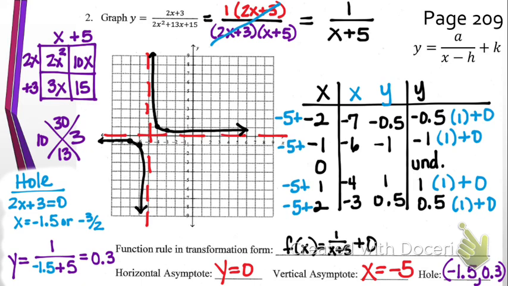So take your eraser. -1.5 is going to be like right here. So right in between -1 and -2, I want you to erase. Take your eraser.